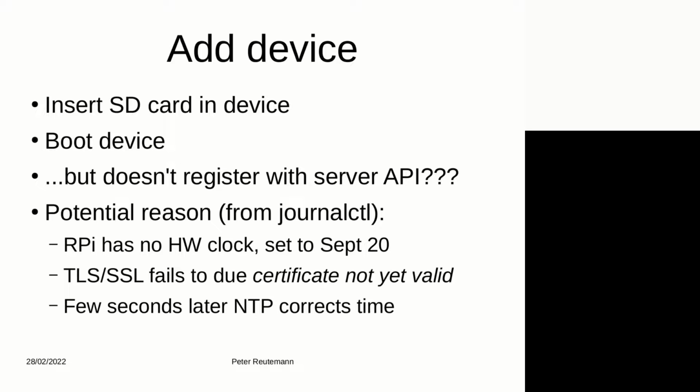apply to me. So one thing that I found just before lunch today, when I was looking through the systemd journal, was that TLS SSL was crapping out with certificate not yet valid. And I thought, what are you talking about?